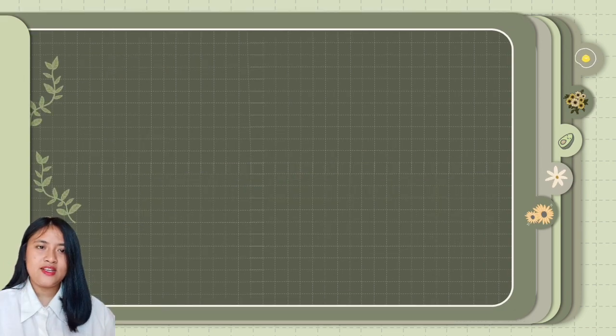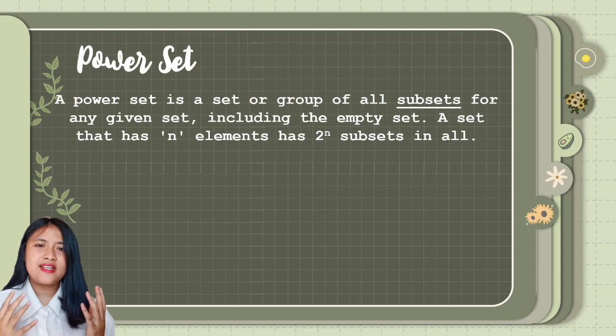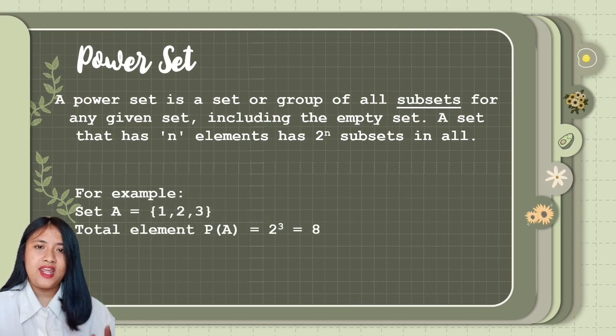Number 8 is power set. A power set is a set or group of all subsets for any given set, including the empty set. A set that has n elements has 2 to the power of n subsets in all. For example, set A with elements 1, 2, 3 has a total of 2 to the power of 3 equals 8 subsets. And the power set of A is like this.